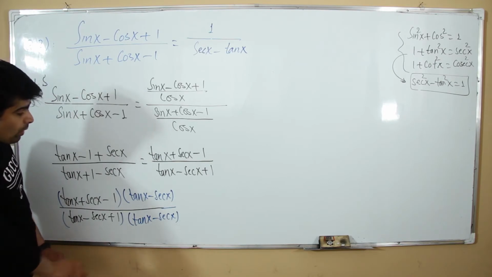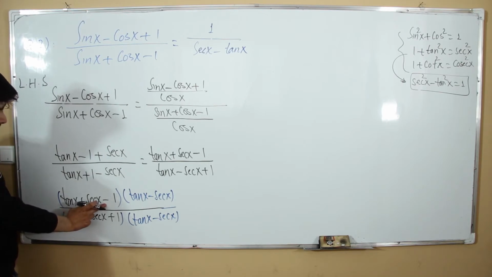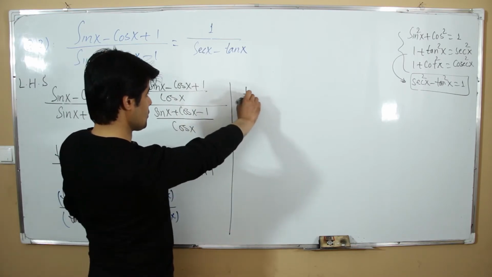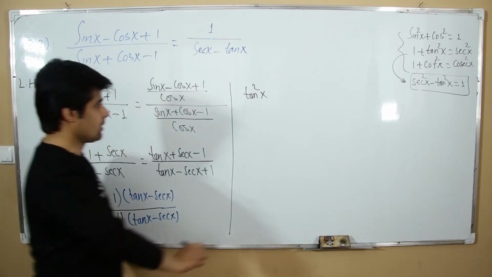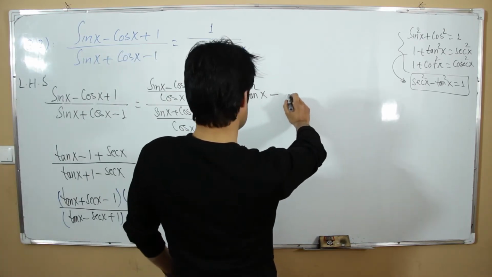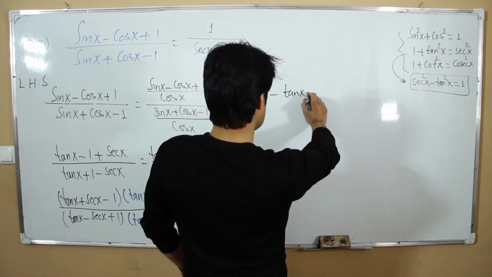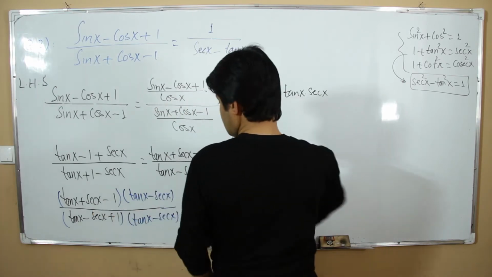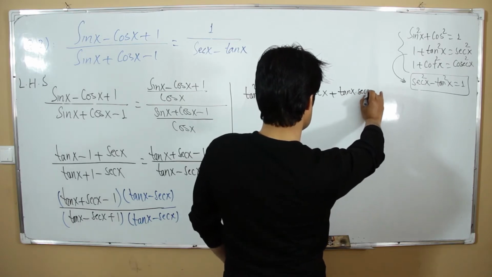Now, why do I multiply this one? Because if you multiply this numerator with this one, tangent with tangent is tangent square of x, plus with this one, it's minus tangent x secant x. Am I right or not? Yes. Secant with this one is plus tangent x secant x.